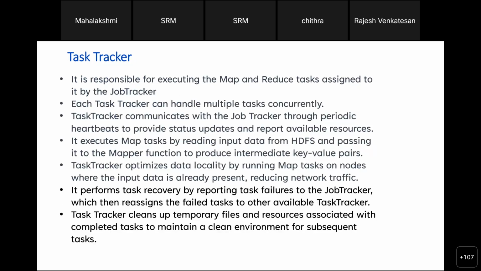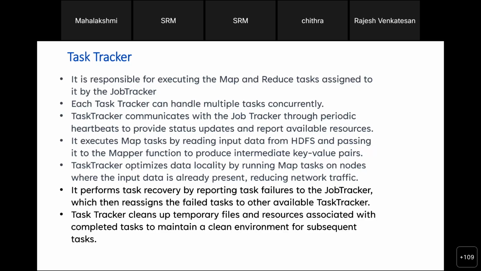The task tracker communicates with the job tracker through periodic heartbeats to provide status updates, reports, and available resources, as the secondary node does in the same concept. It executes the map task by reading input data from HDFS and passing it to the mapper function to produce the intermediate key and value pairs, as we saw in the image.